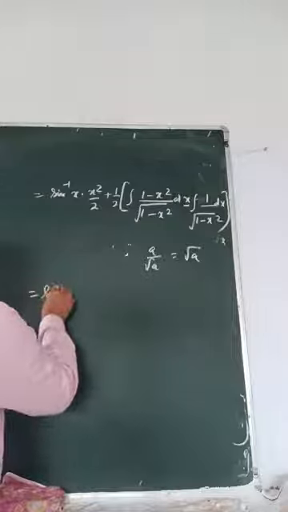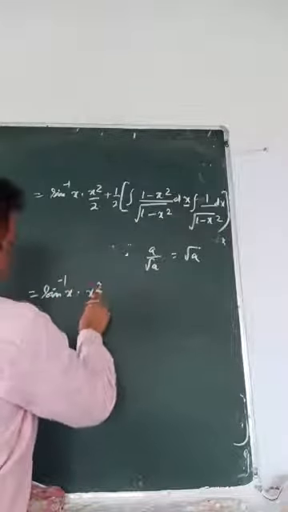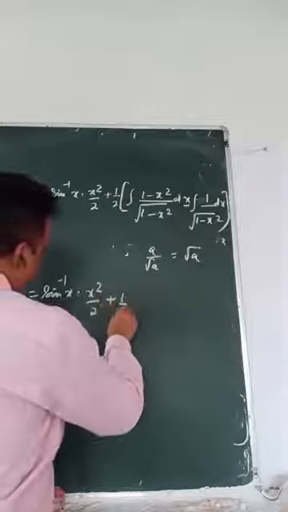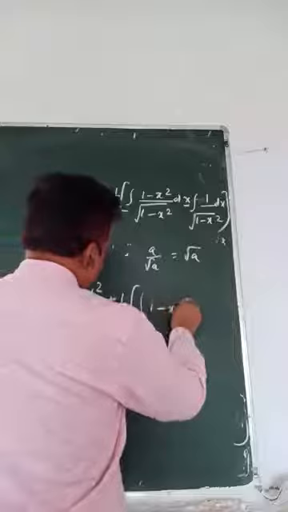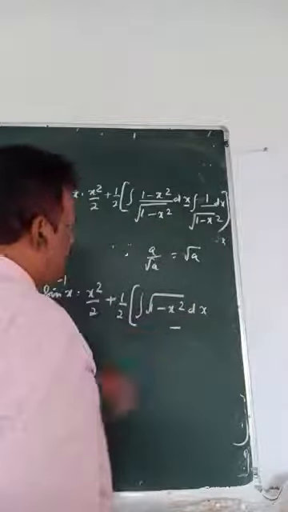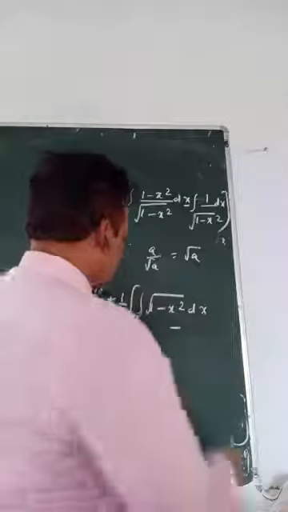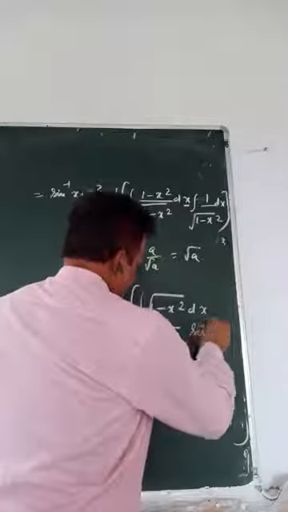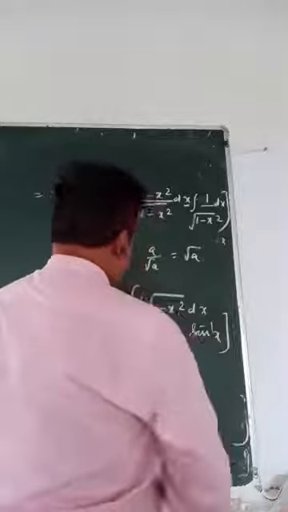So this is sine inverse x square by 2 plus half, integration root over 1 minus x square dx, minus. This is whose formula? Sine inverse x integration formula. So integration of this is sine inverse x. Okay.